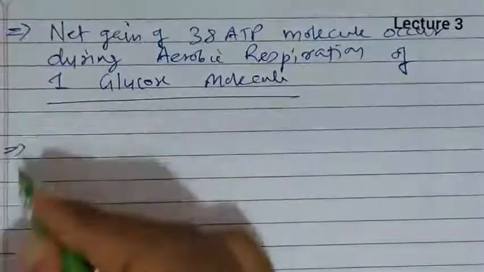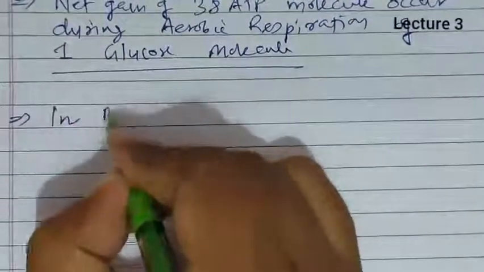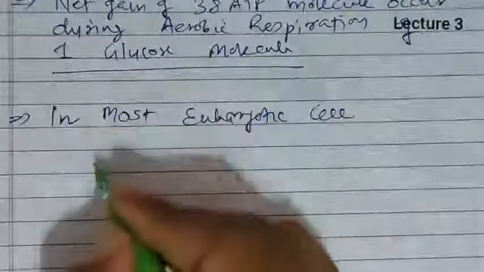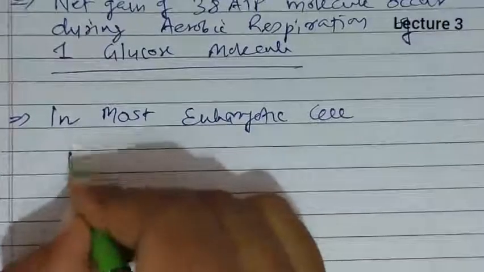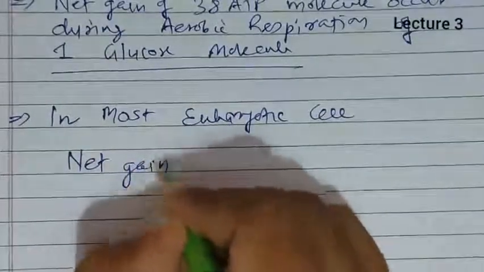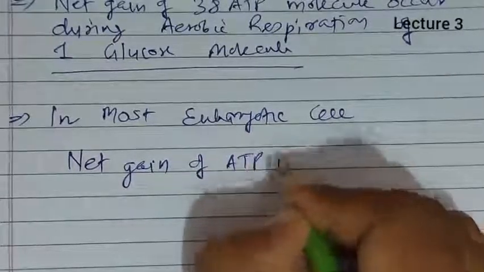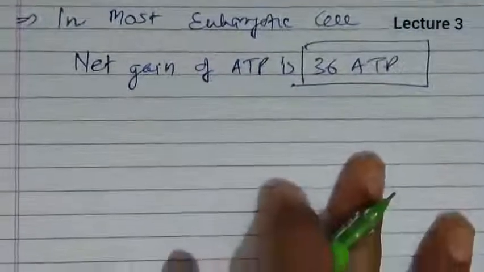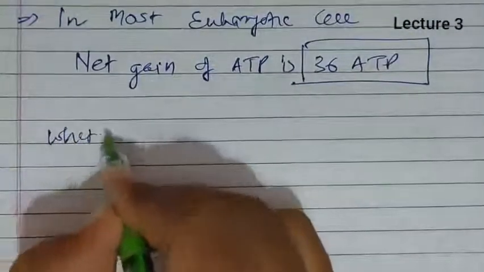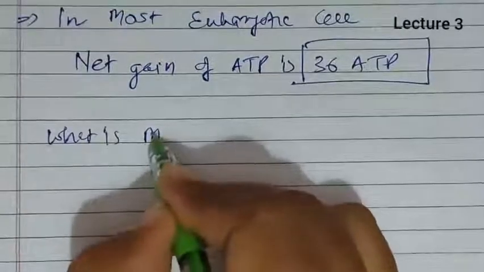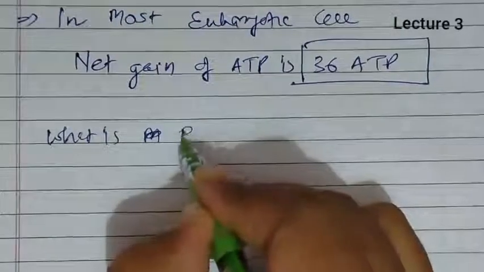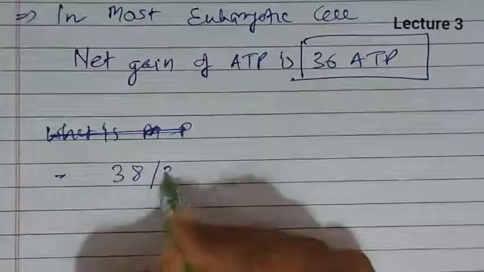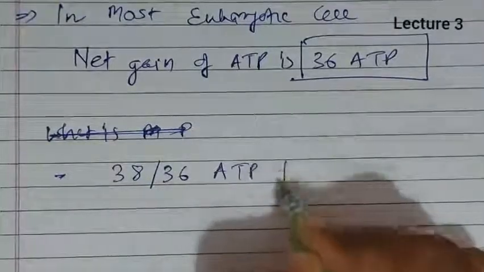But in most eukaryotic cells, the net gain of ATP is 36 ATP. So now the question is, what is the mystery behind 38 or 36 ATP from one glucose?